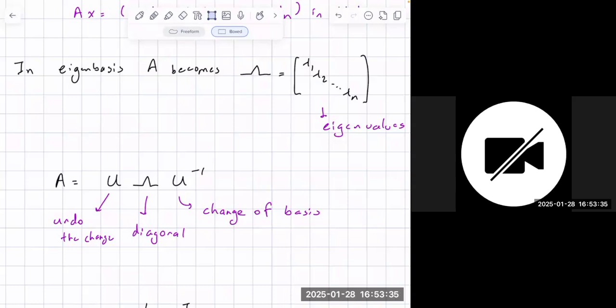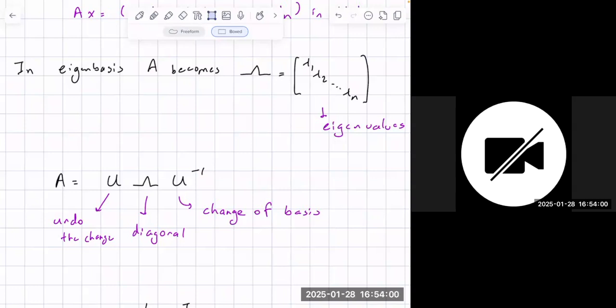It's take an x in standard bases or some other bases, put it into eigenbases with some operation. Then after you put it in the eigenbases, your matrix starts looking just like the diagonal guy. Do your diagonal, put it back, okay? So when you are able to do this, it's super nice. It's just like diagonal stuff. Take every coordinate, multiply it with that eigenvalue, done, okay?